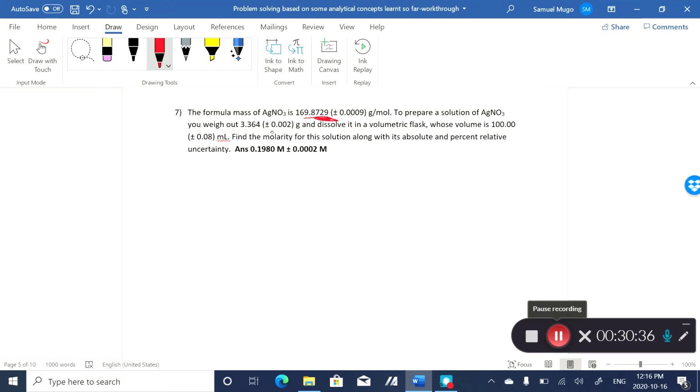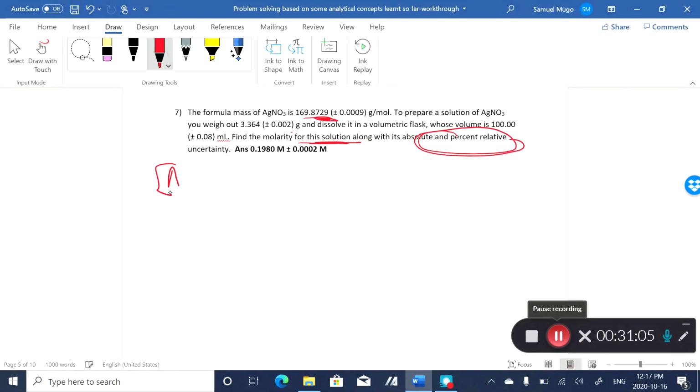You weigh that amount and you dissolve it in a volumetric flask of 0.1 liters, and the uncertainty is given. And so the question is, calculate the molar concentration of the solution that you make, and most importantly, its relative uncertainty and absolute uncertainty. So the only key thing here is to remember how you propagate the errors.